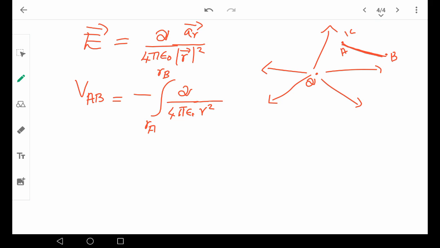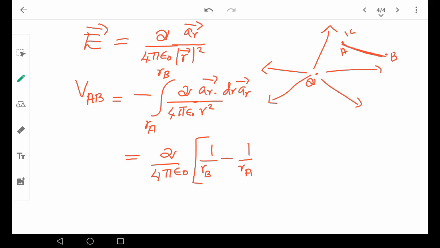Then we have AR dot DR AR. So this will be coming as Q by 4 pi epsilon 0 into 1 by RB minus 1 by RA. That's how you get the expression for the potential difference.